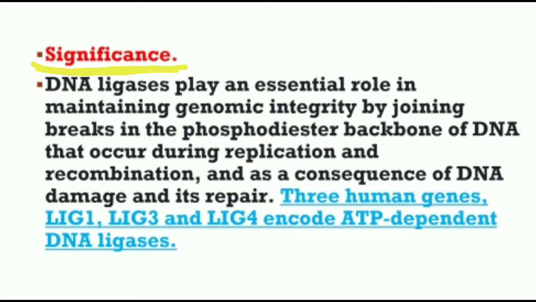DNA ligases play an essential role in maintaining genomic integrity by joining breaks in the phosphodiester backbone of DNA that occur during replication and recombination, and as a consequence of DNA damage and its repair. Three human genes, LIG1, LIG3, and LIG4, encode ATP-dependent DNA ligases.